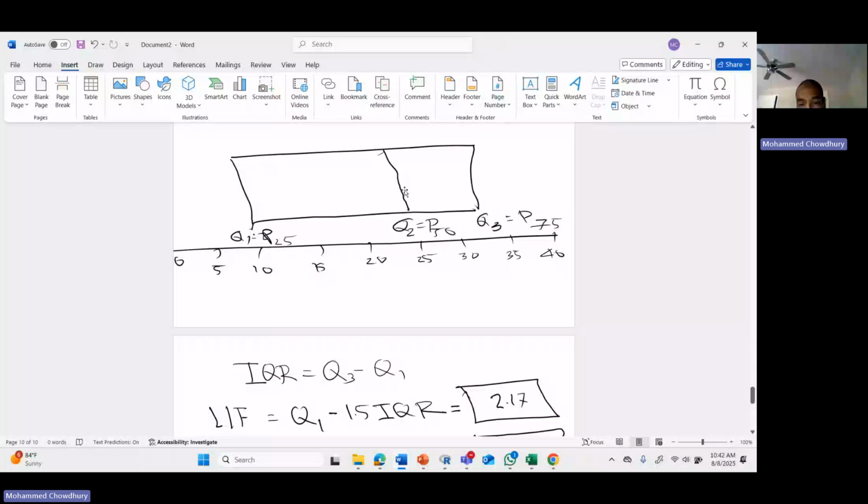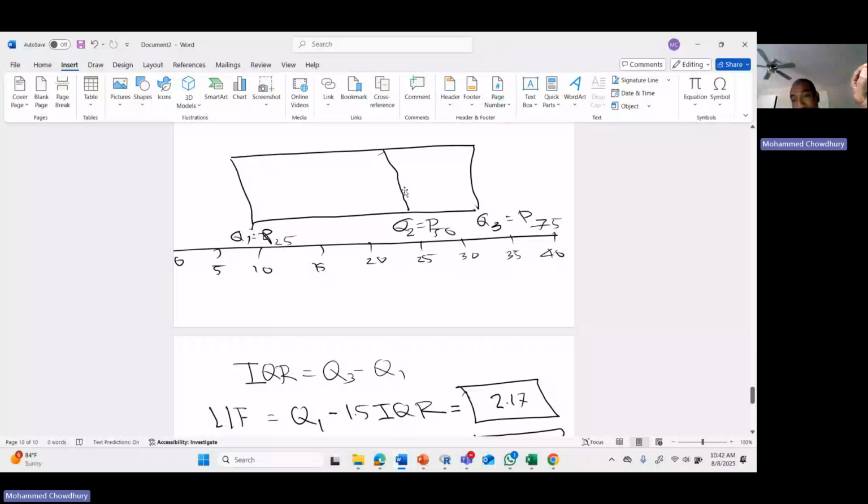I have to drag it to the data point within the upper inner fence. The upper inner fence is 36.2, so 36.2 is in there, like this.